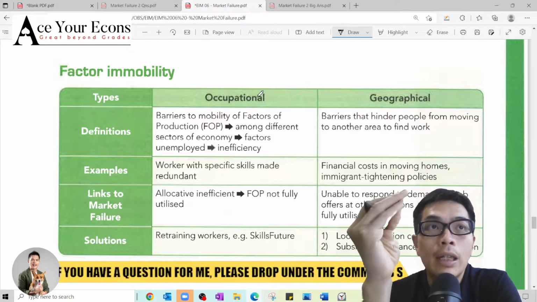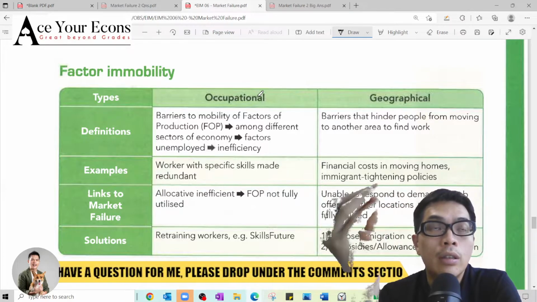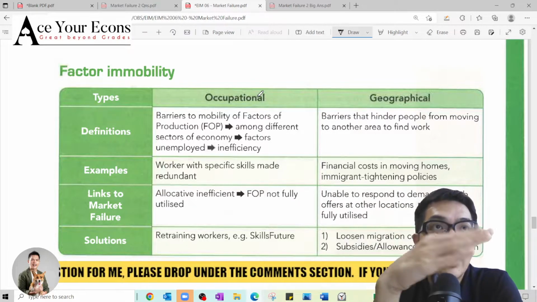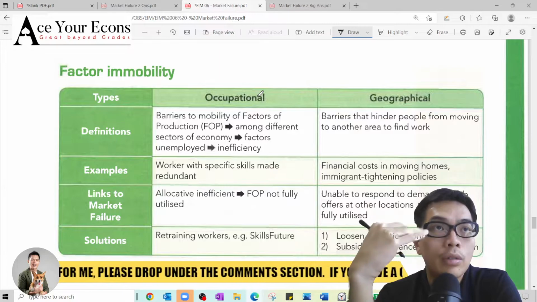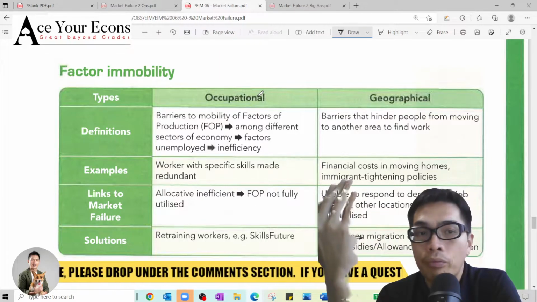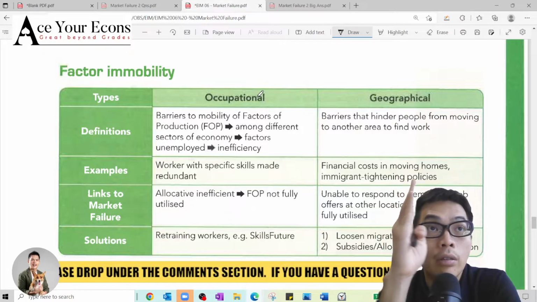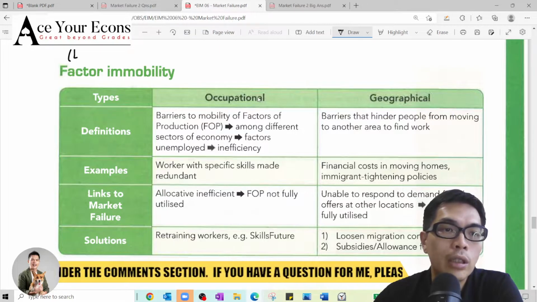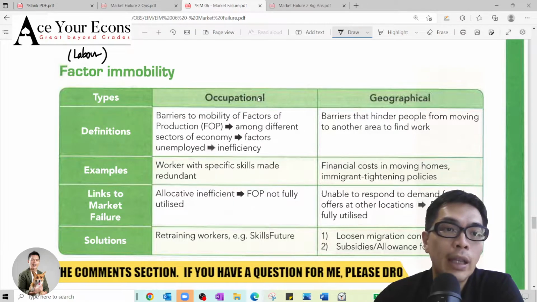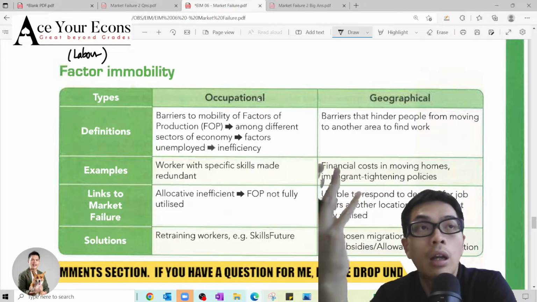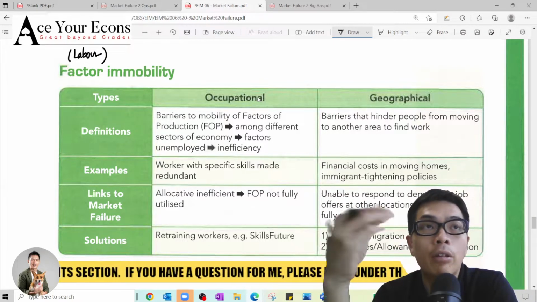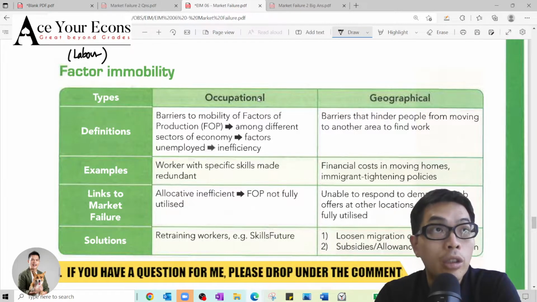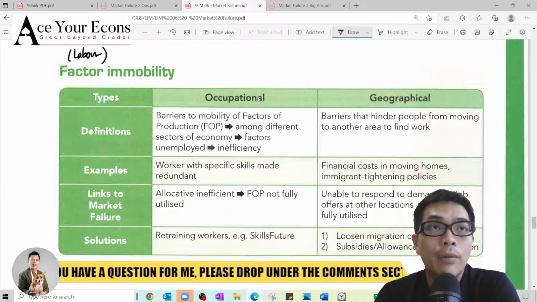At the factor market, there is allocative inefficiency, where your FOPs cannot move into other markets of production due to some reasons that I'm going to illustrate right now. FOPs are primarily labor driven, so you can also interpret this as labor immobility. Labor is an important factor of production, so for simplicity, I will be illustrating from the labor perspective. But it can also be capital and machinery immobility.